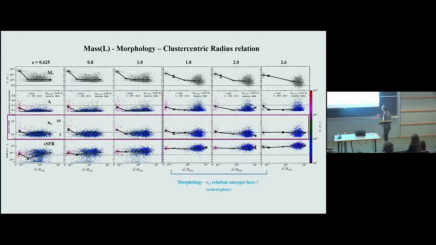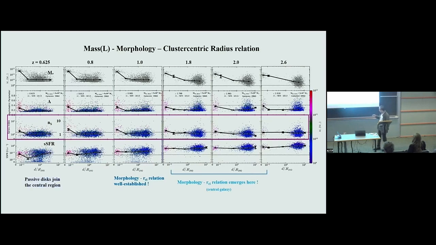So there is a special epoch of the universe where this morphology cluster central radius relation starts to appear, and that is about redshift 2. And after redshift 1.5, which I missed here, this relation is quite well established.